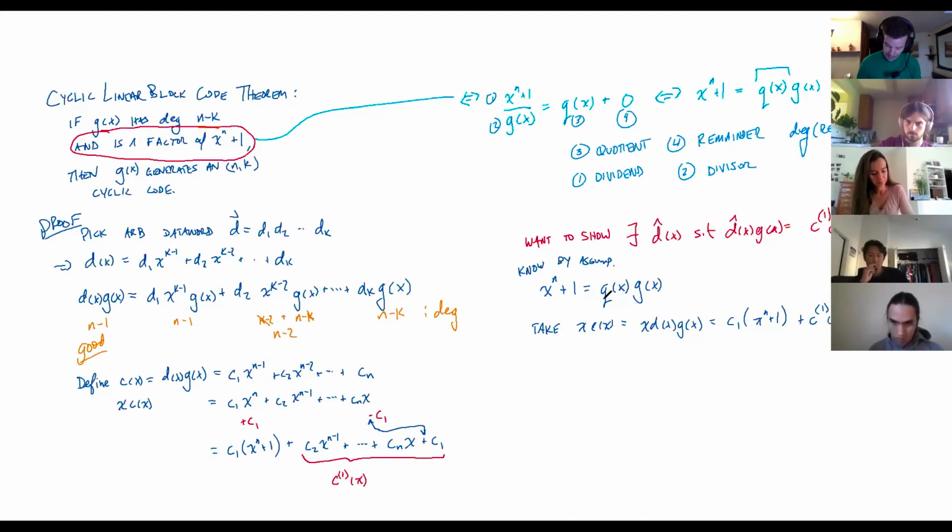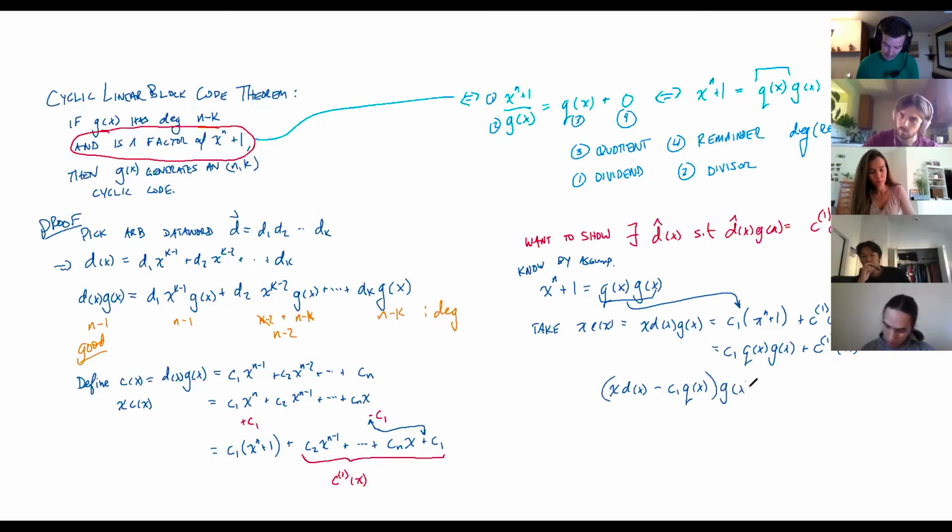But we now can write x^n plus 1 as q of x times g of x. And if I move this first term to the left-hand side and factor, I get x times d of x minus c1 q of x, times g of x equals c1 of x.